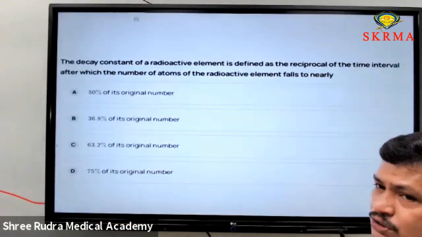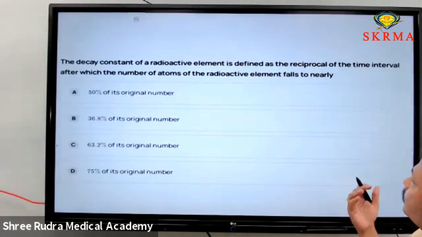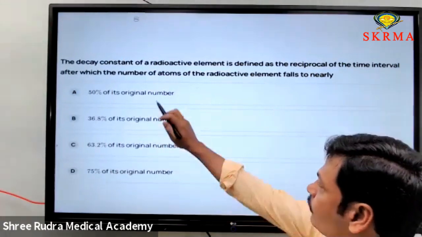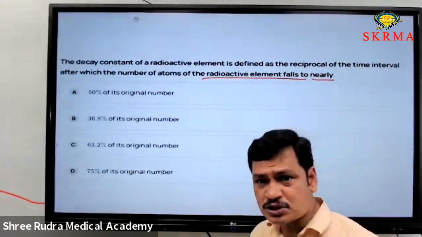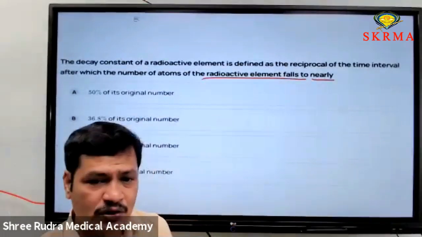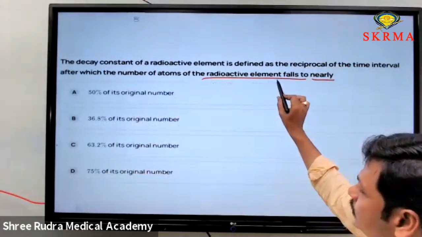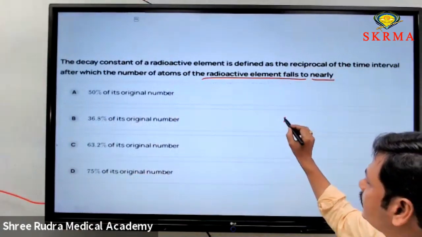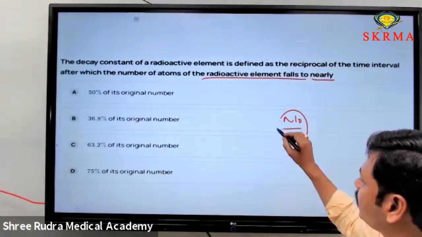The decay constant of a radioactive element is defined as the reciprocal of the time after which the number of atoms of a radionuclide falls to nearly what? This question is based upon the definition of decay constant. The approximate value is where N becomes N0 by e. What does N0 by e mean?